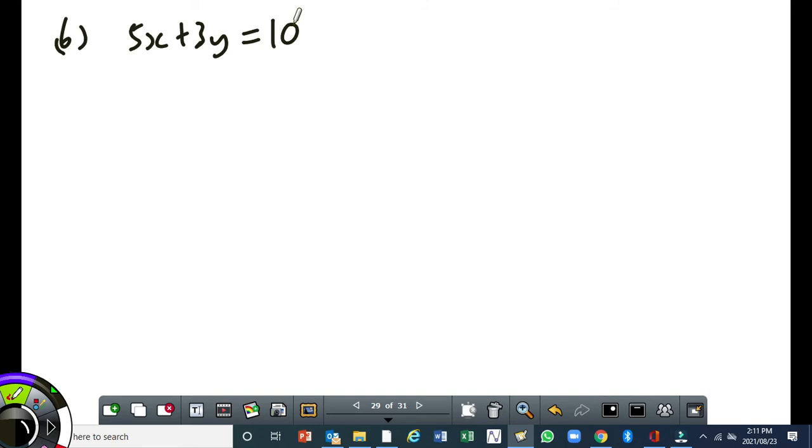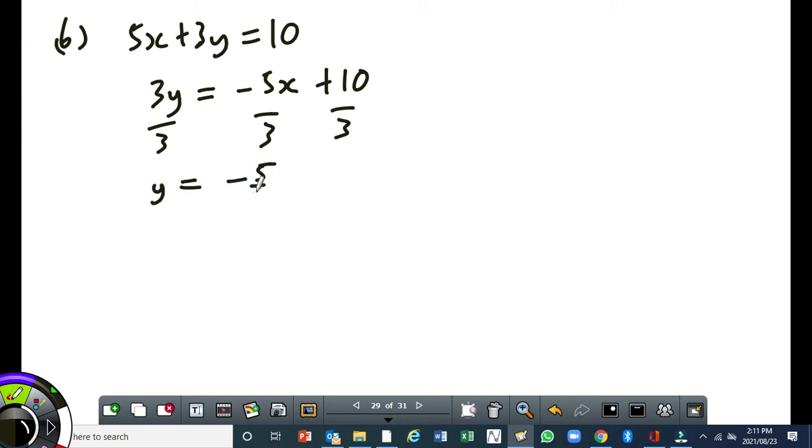Right? So first thing, I need to make y the subject. So I'll take the 5x to the right. So it becomes 3y equal to minus 5x plus 10. And this will give you y equal to minus 5 over 3 x plus 10 over 3.